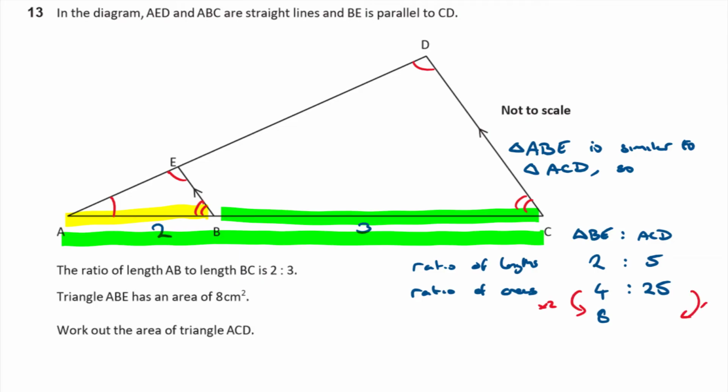So if I double this up as well, I'm going to get 50. So if this area in here is 8, then the area of triangle ACD is going to be 50. Therefore, area of triangle ACD is 50 centimeters squared.